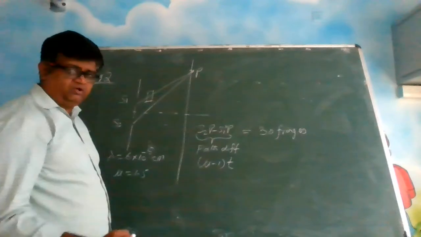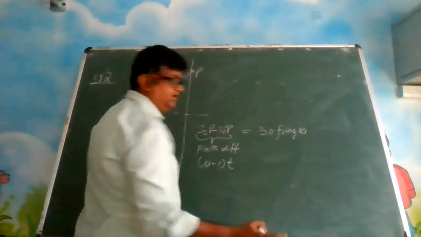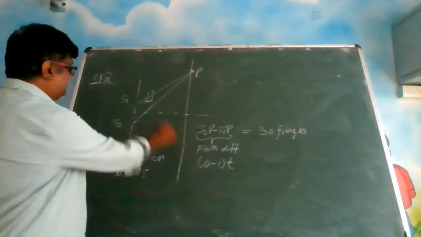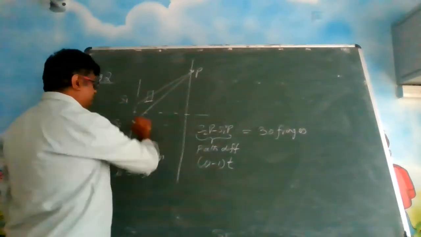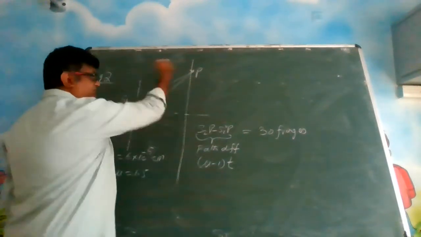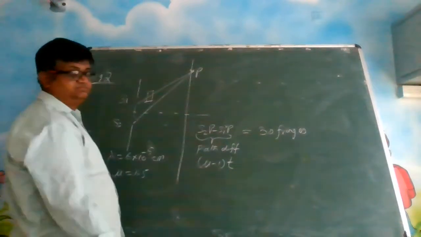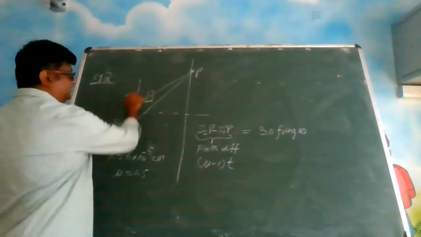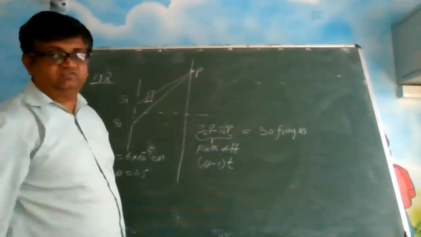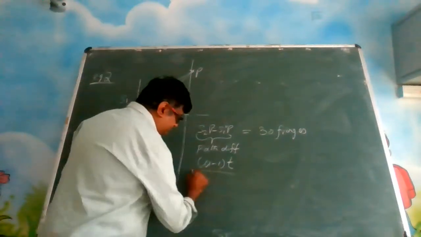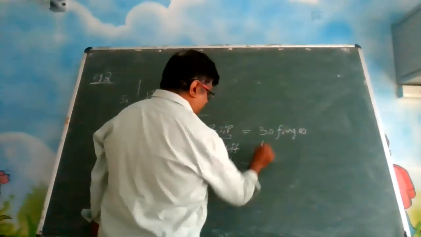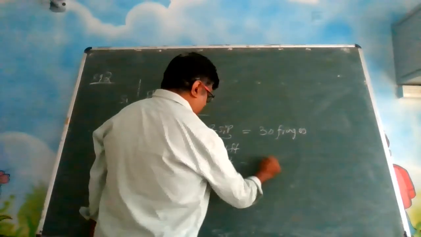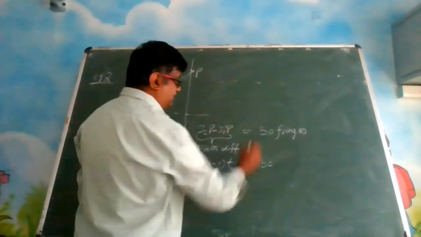If the glass slab was not there, this 30 fringes would not have come into the picture. Because of the glass slab, there is an additional path difference, and the information given in the example is 30 fringes. So this must be equal to 30 fringes.